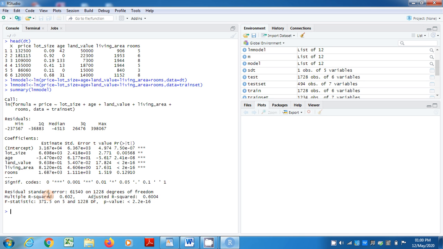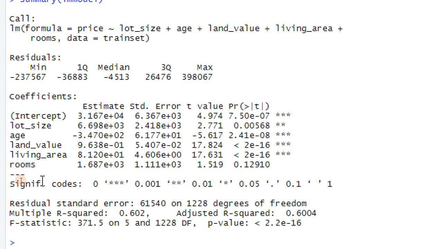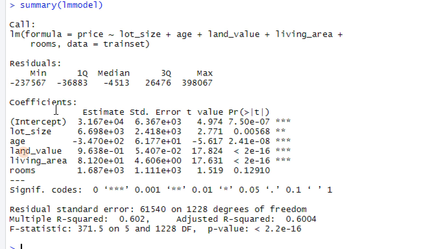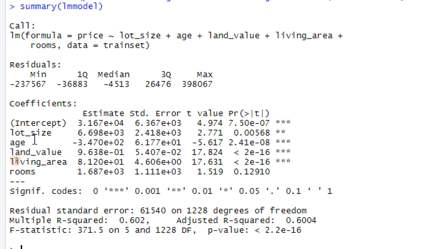So we need to test that model, right? Before testing, if you are not understanding, here you can see the correlation between rooms and price, living area and price, land value and price. If the correlation is very strong, then the deciding factor, that means price, is giving an accurate result. So the correlation between two values must be very good.